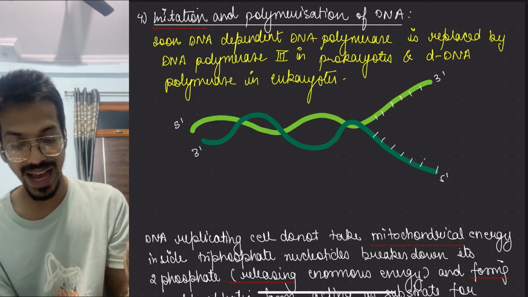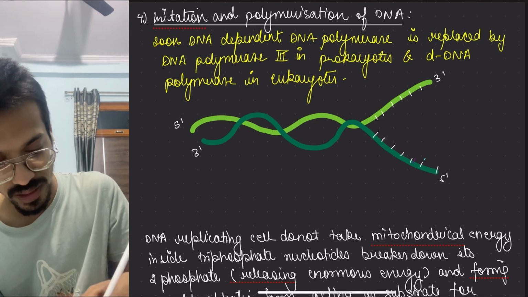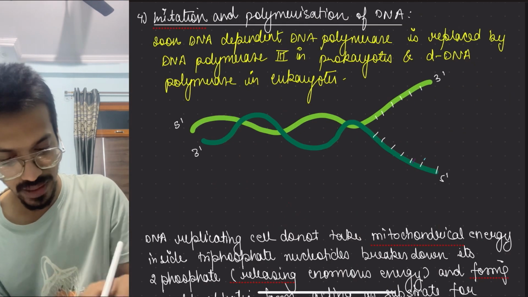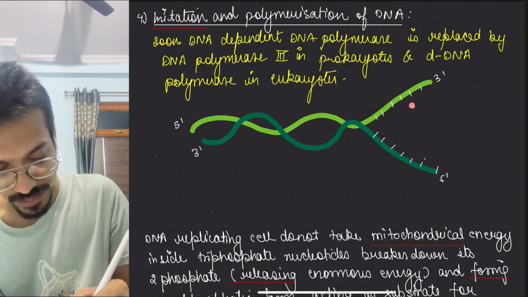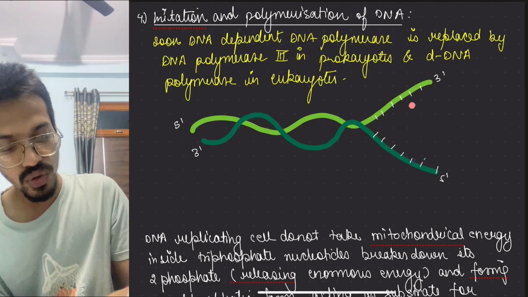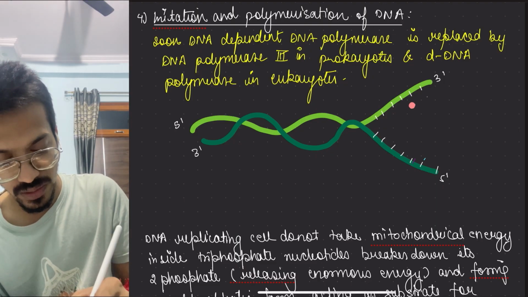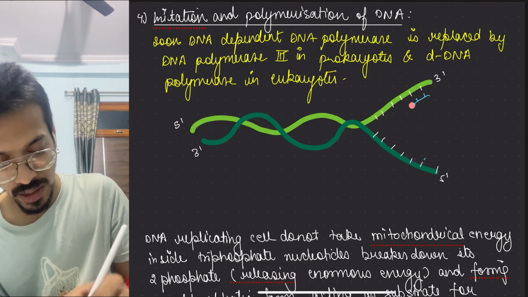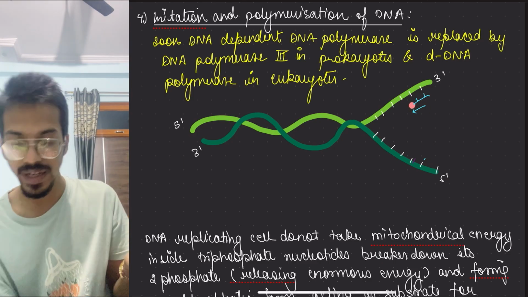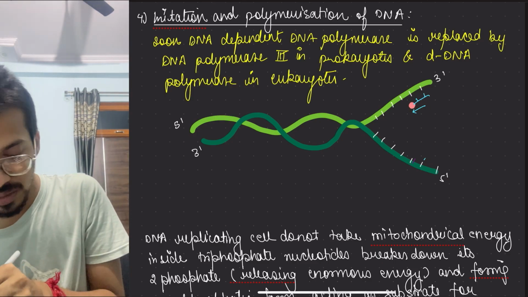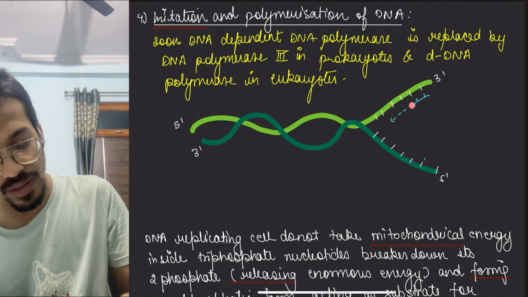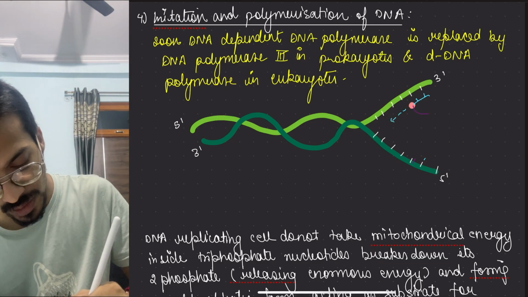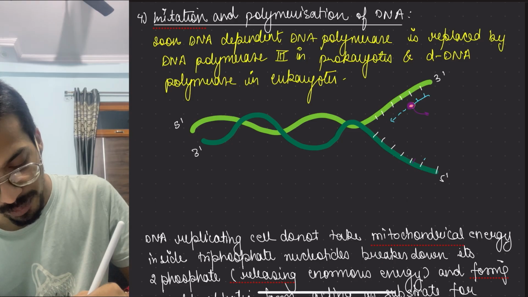Moving on, what has worked till now? We know that over here, this was the pink color, right? So it might have moved something over here, and it might have added certain things. We are showing it for your understanding. So it is moving this way, forming this whole way. Soon this thing will be removed and it will be covered up by the DNA polymerase.